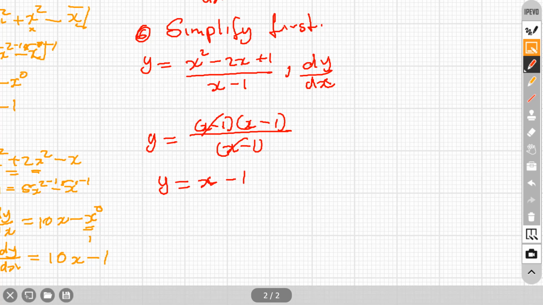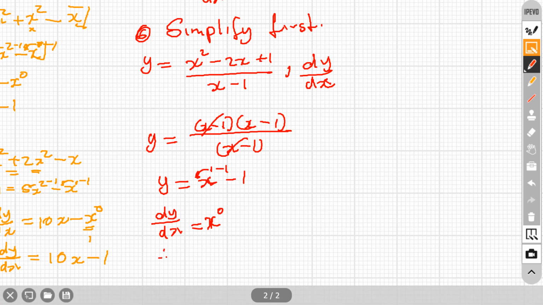Then we are asked to determine dy over dx, which will equal, so this one here will multiply there, so we're going to have 1, which is x. Basically we have x, then 1 minus 1, which is 0, then a constant becomes 0.